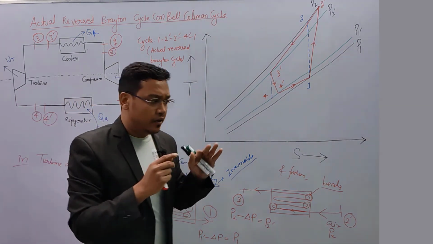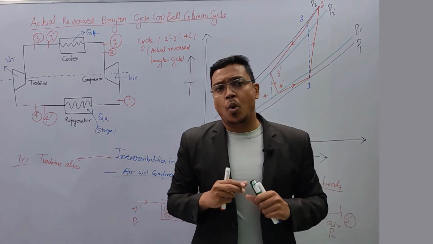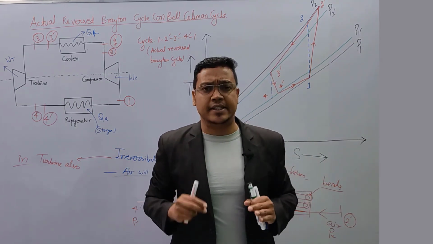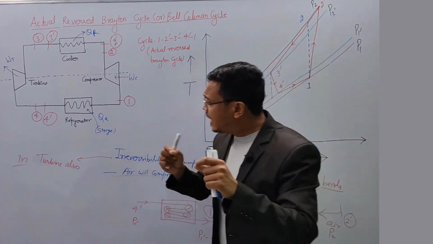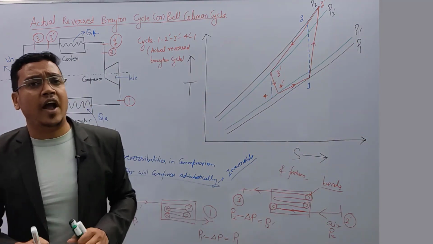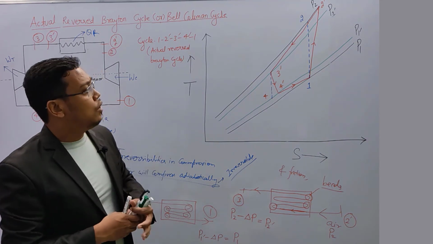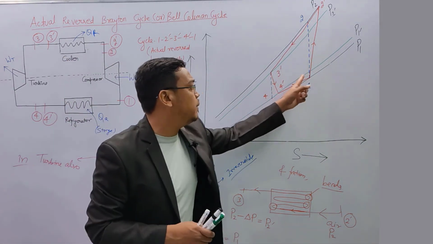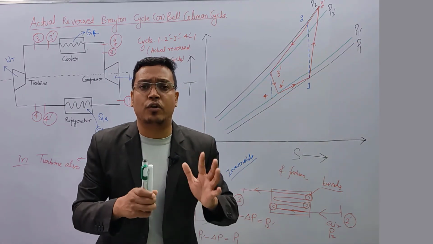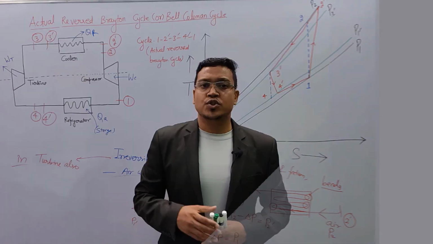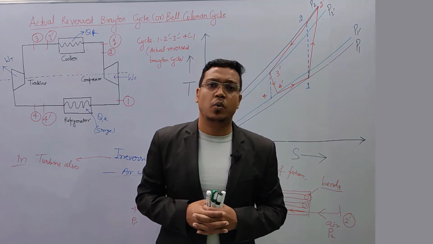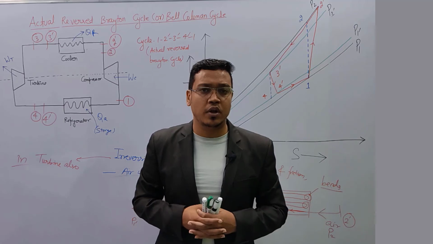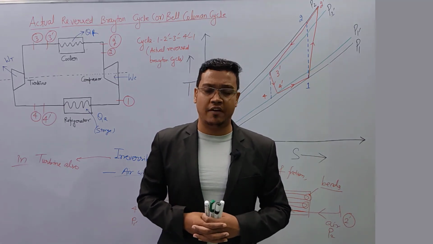Now we will see this, and we will see what the efficiency of the turbine and compressor is. Okay, after that we will see the effect on the coefficient of performance of the actual cycle, or due to irreversibilities, what is the effect on the coefficient of performance. So friends, all these effects, whatever I told, we will see in the next video. Thanks for watching this video and have a good day.